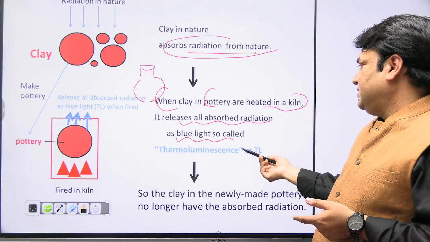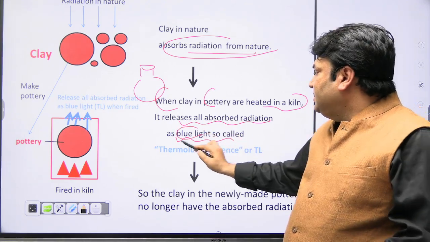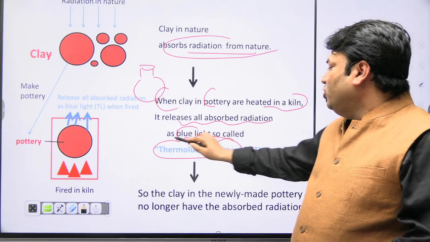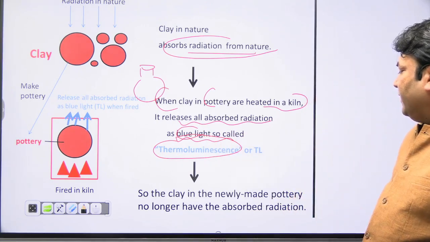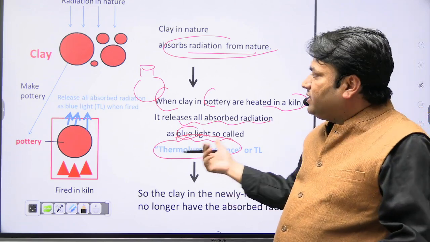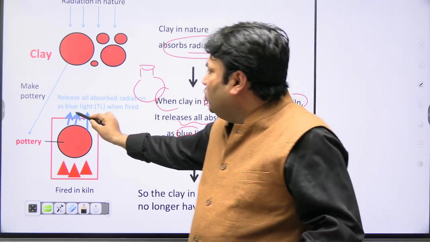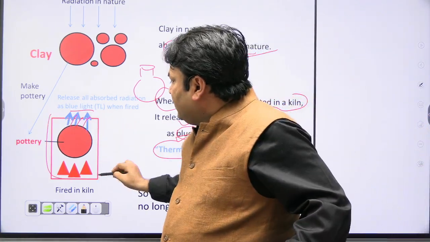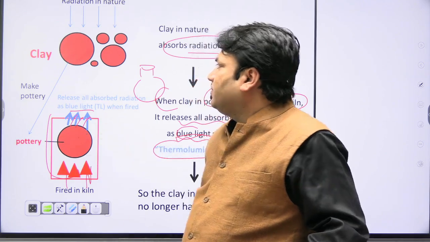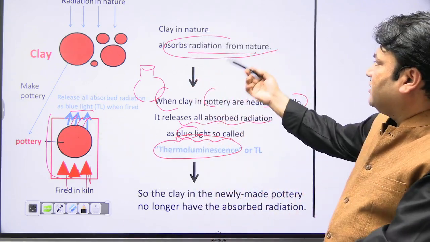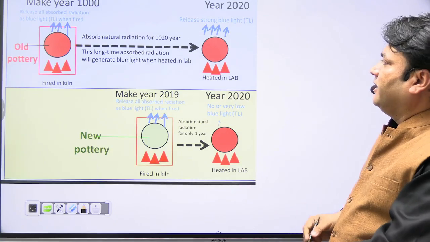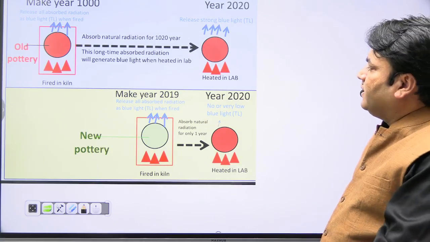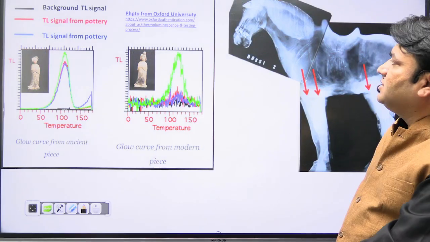It releases it in the form of blue light, and this blue light is called thermoluminescence. So this is a kiln, this is fired, this is the pottery. In this way this radiation is studied, and on the basis of that, the age of the pottery is determined.